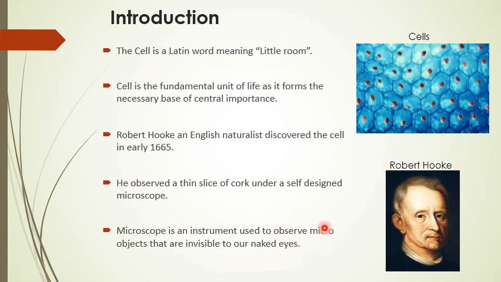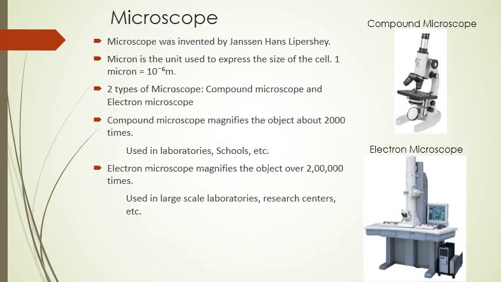So microorganisms, very minute, tiny organisms, are viewed under an instrument called a microscope. The microscope was invented by Janssen and Hans Lippershey, a father and son team who together invented the microscope.